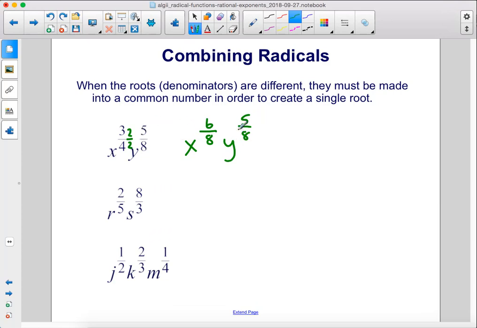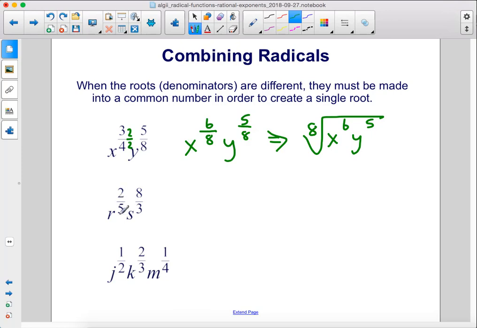We leave that one as is. This way we can have them both have 8 as the root. So then we could rewrite this as the 8th root, and then we write x to the 6th, y to the 5th.